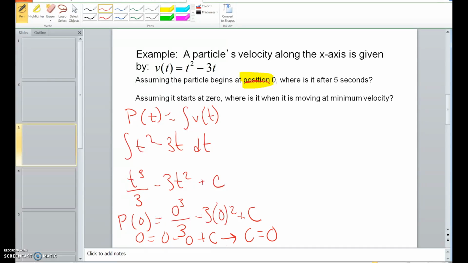So the position function that we get is p of t equals t cubed over 3 minus 3t squared plus 0. So this is the position function. To answer the question, where is the particle after 5 seconds, all we have to do is plug 5 into the position function.